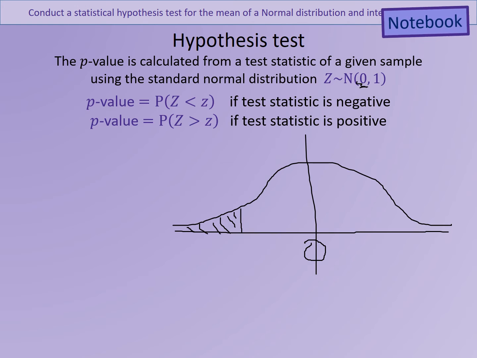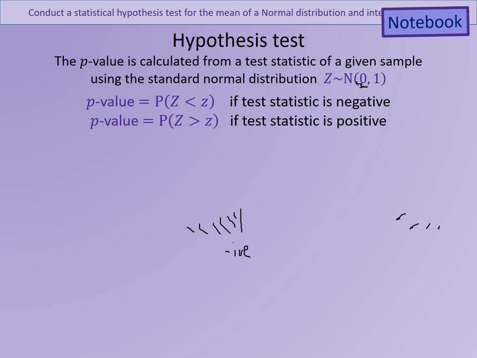So Z has got to be on the negative side. Whereas if it's greater than Z, it means it has to be on this side because it's this sort of area. So therefore the test is positive. Now it'll make more sense when we start looking at an example of that. Okay, right. Let's get rid of that. There we go.